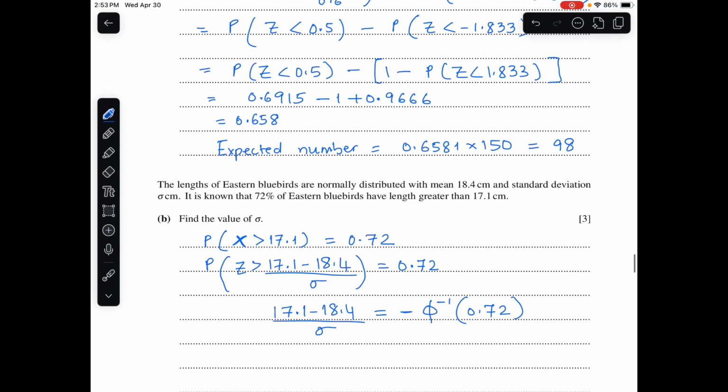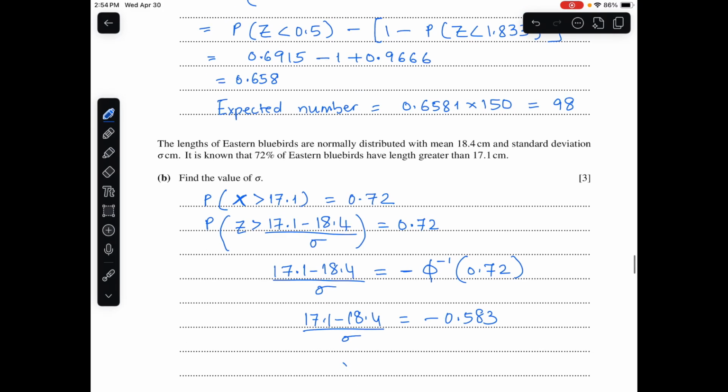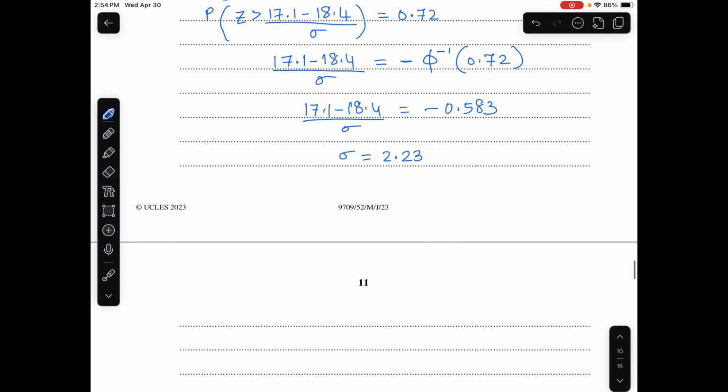So look up your table to find phi inverse of 0.72. This is going to be equal to negative 0.583. So if you calculate, then sigma is going to be 2.23. All right. So that's about this question.